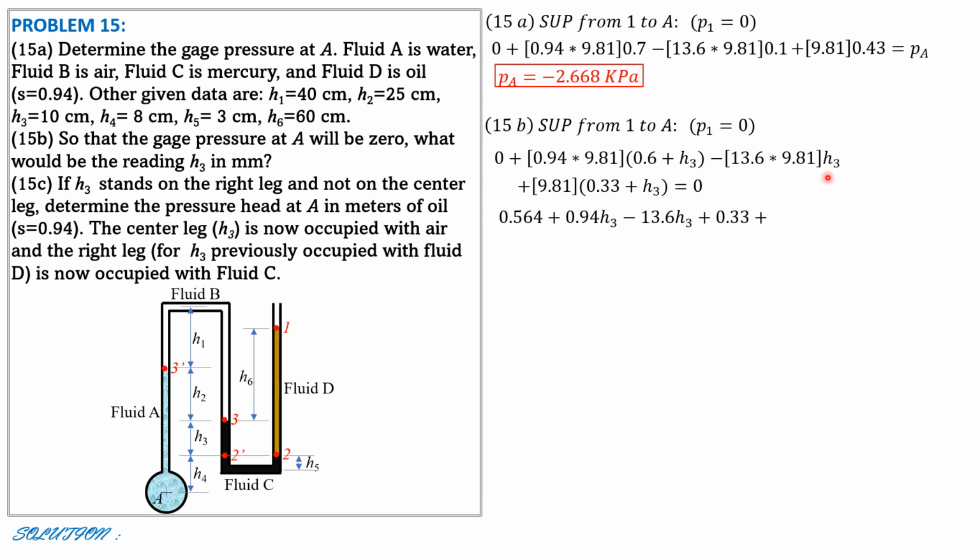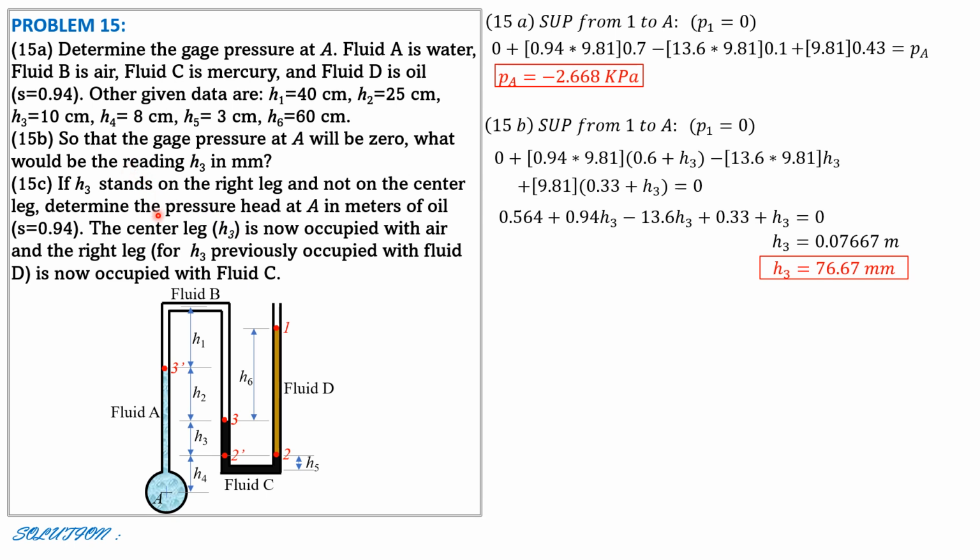Then minus 13.6 H3, then plus 0.33 plus H3 equals 0, because we divided everything by 9.81. So we can now solve H3. H3 is 0.0767 meter, and it is 76.67 mm because the condition here is H3 in mm. So that's it for part B.